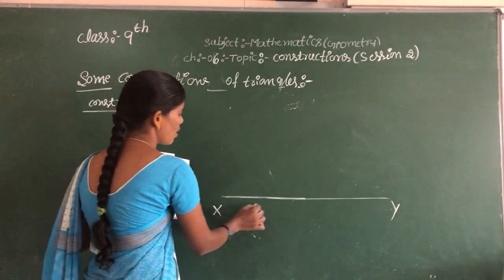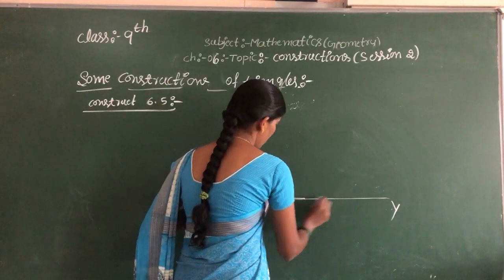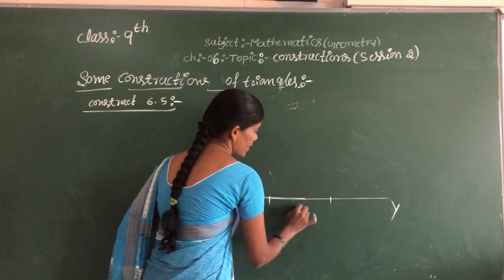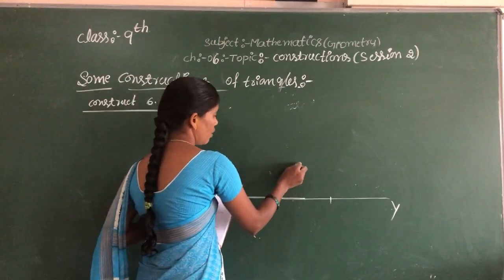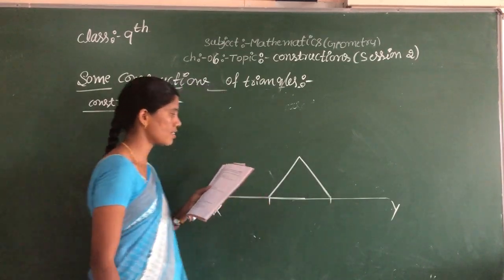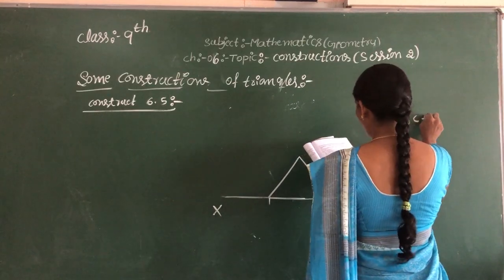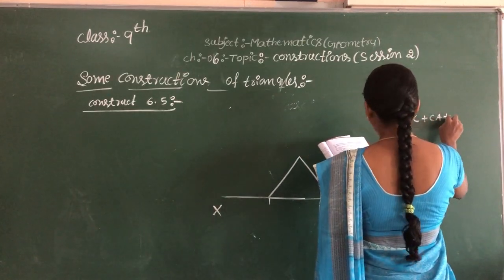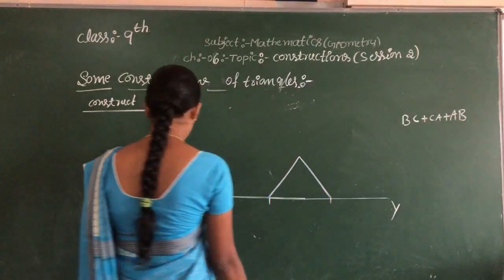BC is 10 centimeter, means you should take 15 centimeter, means this is 5, this is 5, this is 5. Total 15 centimeter. You should draw the middle one triangle. Okay, what is this? So this is BC plus CA plus AB. This is the perimeter of the triangle. Okay children.